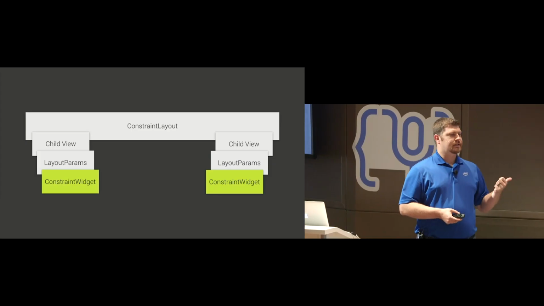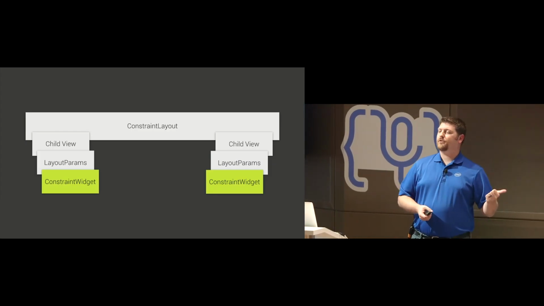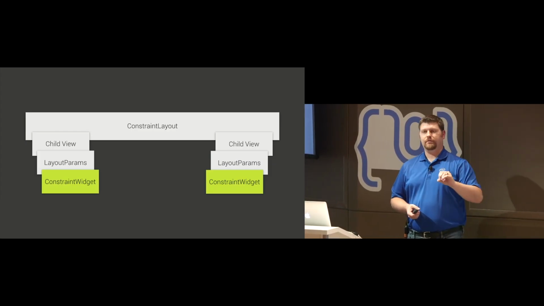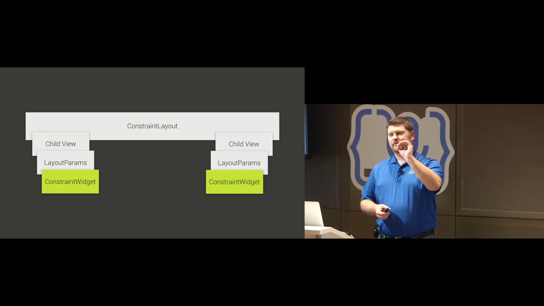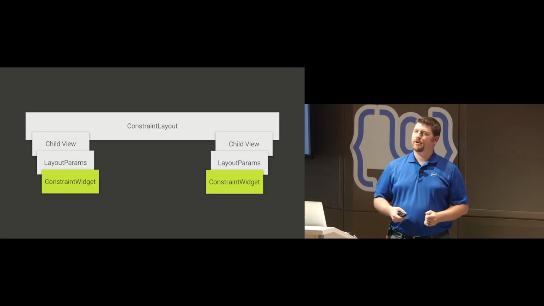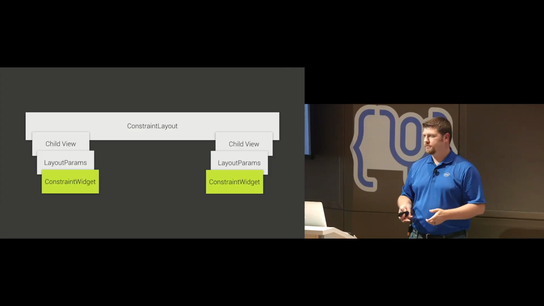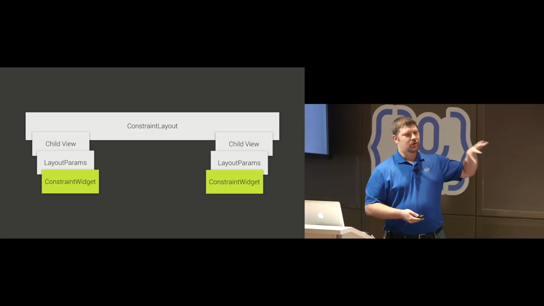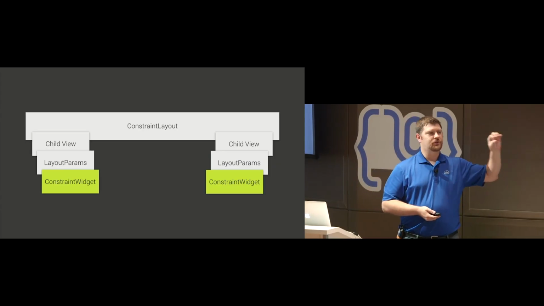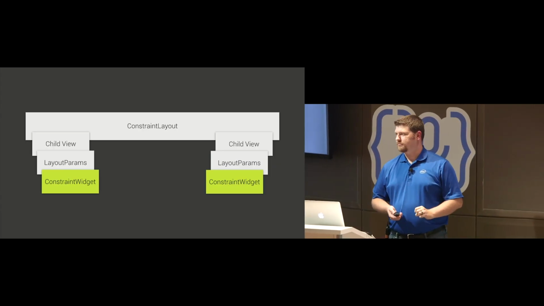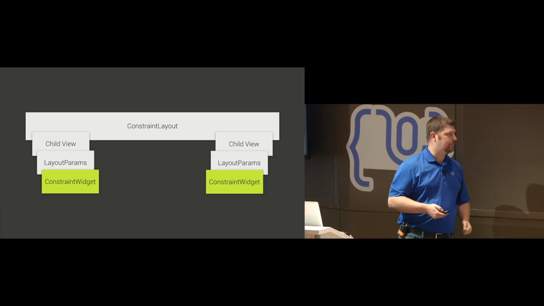And this is the object that at runtime is responsible for resolving those constraints from a bunch of rules that you've defined into the actual size and position information associated with the view when it needs to be laid out. Okay? So the constraint widget is an element that is initially empty, but it's just attached to every single layout params instance. Okay, and we'll talk a little bit more about what happens after that.